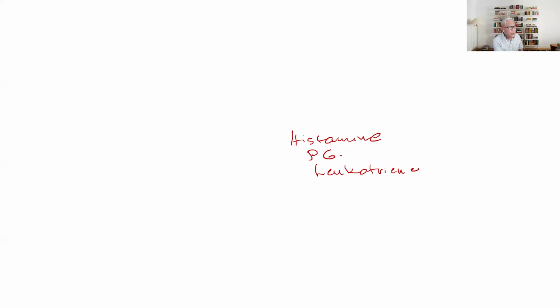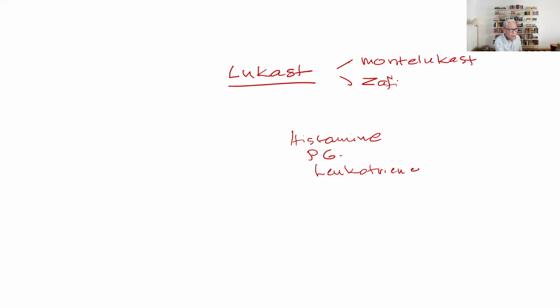So examples of these would be anything that ends with lukast, or leukotriene modifiers. An example of that, there's two in the market, is Montelukast, and the other one is Zafirlukast. So again, they end in the suffix lukast.